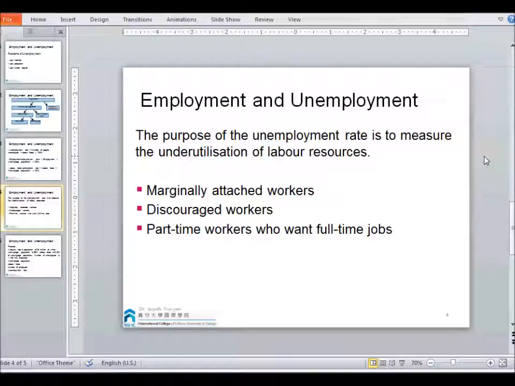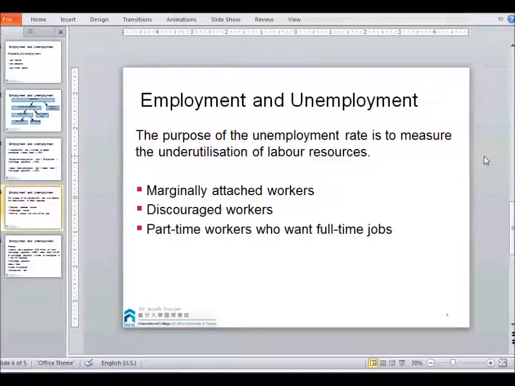So people who have not really made a specific effort relatively recently in looking for a job might either be counted as marginally attached workers if they have made some efforts, maybe these efforts have not been so recent, or those people will be counted as discouraged workers if they have not really made any specific efforts anytime recently in looking for a job.